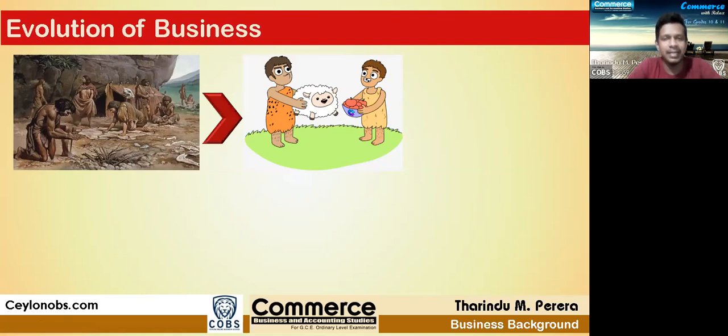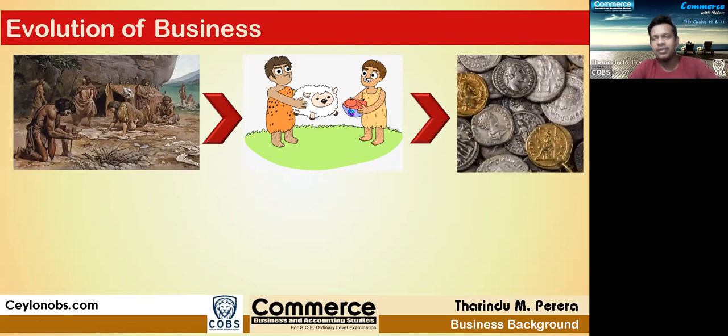There were some drawbacks. Then it came to use of coins and notes. People tend to use notes and coins because there were some drawbacks, disadvantages. Let's talk about them later.